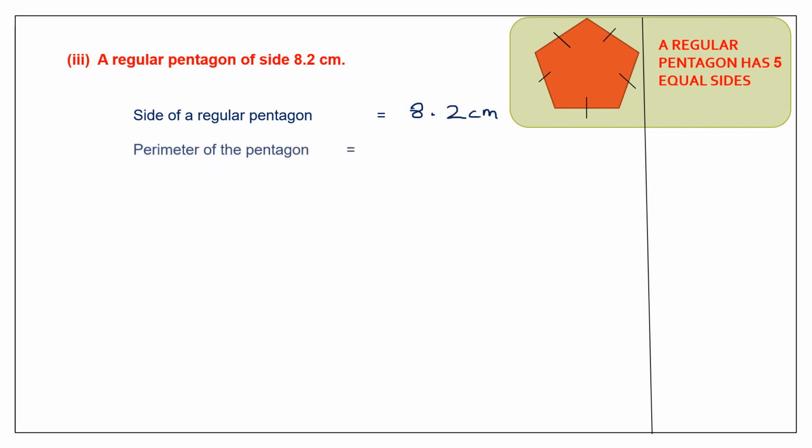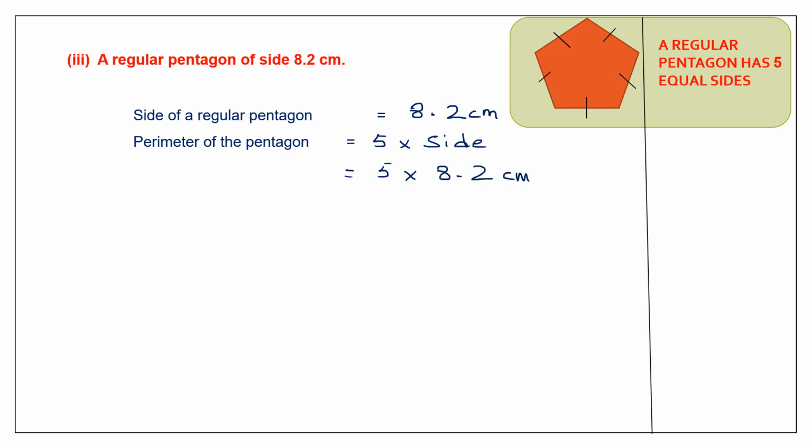So to find the perimeter of this regular pentagon, we have to do 5 into side. Why 5? Because there are 5 equal sides. So this is 5 into 8.2 centimeters. So let's multiply 8.2 into 5. That will be 82 into 5. 5 2s are 10, carry 1. 5 8s are 40 plus 1, 41.